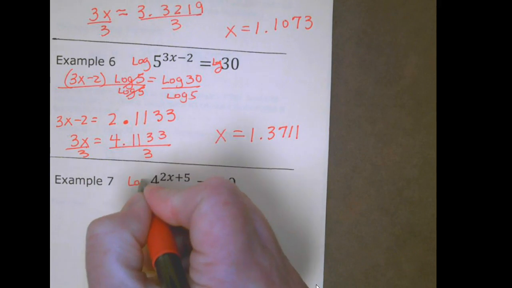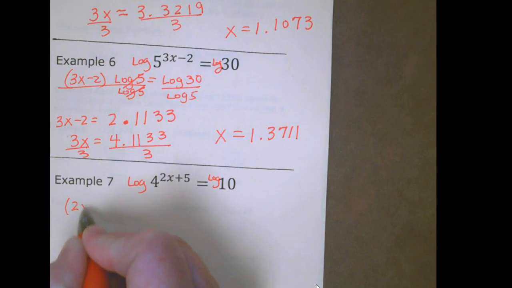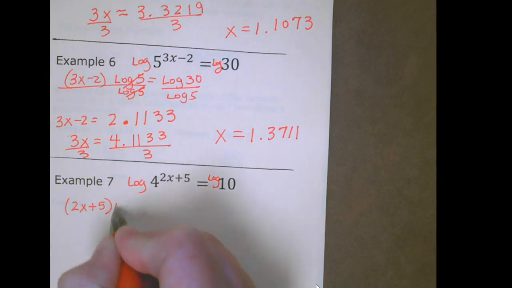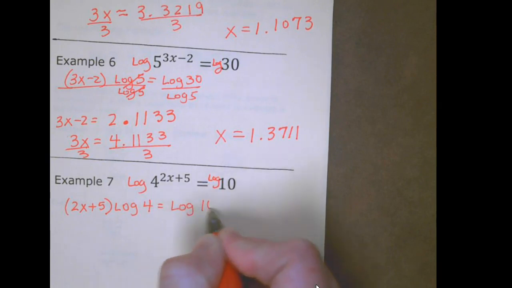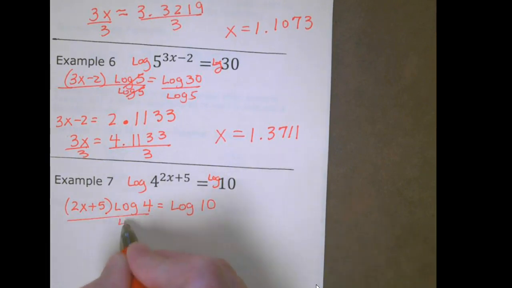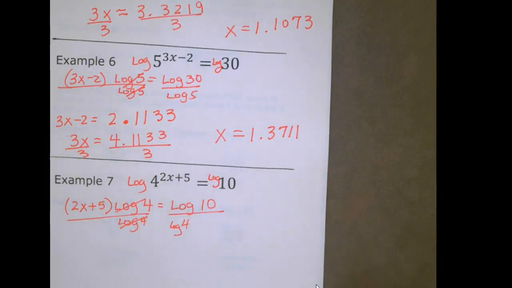Example 7, I will take the log of both sides. I will use the power rule to bring the 2x plus 5 out in front. I will divide both sides by the log of 4. Not just 4, but the log of 4. That cancels out. 2x plus 5 equals log of 10, close parentheses, divided by log of 4, close parentheses.